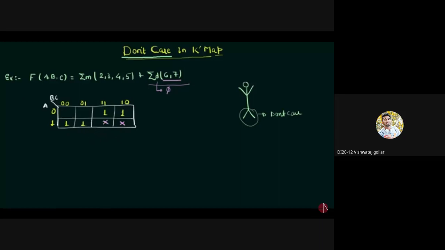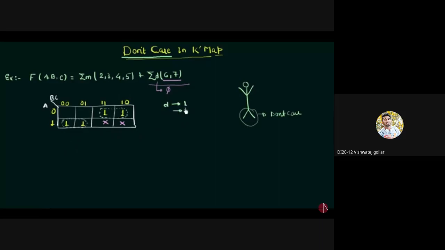Now we have to reduce it. If you did not have the don't cares, this was the first combination you would have made, and the other pair is this one, and these two pairs can easily be minimized. But now you have the don't care. This D could be 1 or it could be 0, as it is don't care.